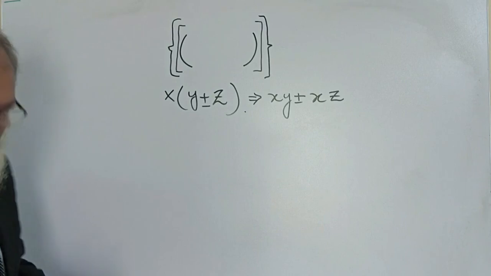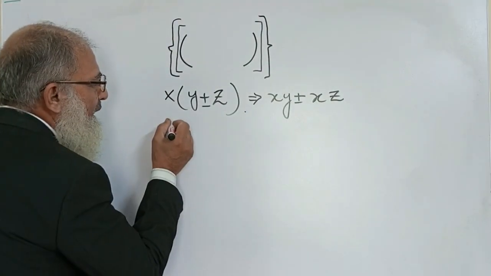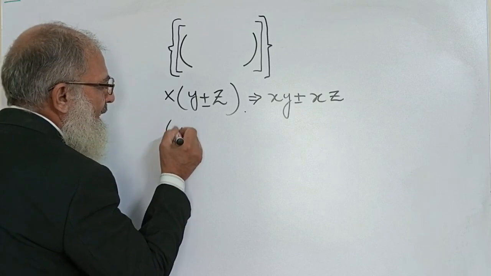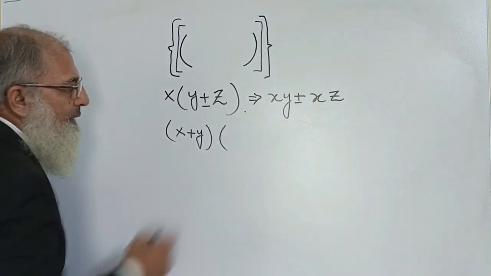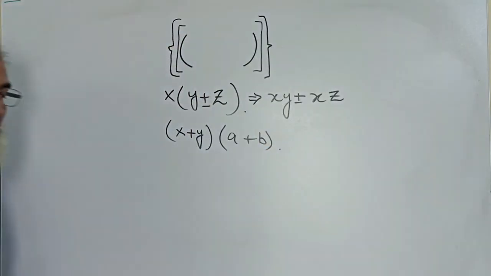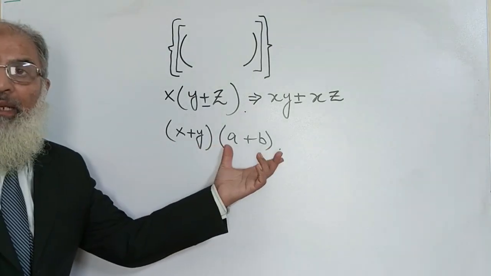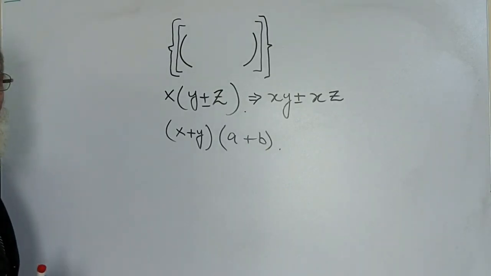There is another example. Let me tell you that if it is written like this, (x plus y)(a plus b). Now you see that there are two brackets simultaneously written. Now what will we do?